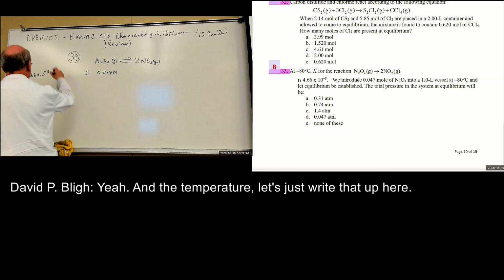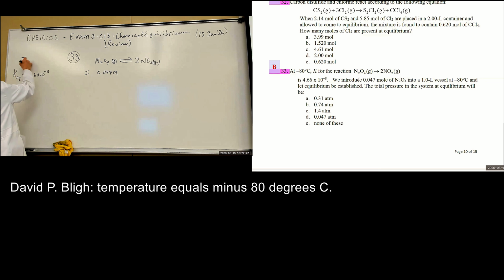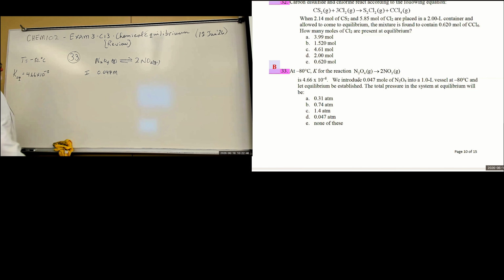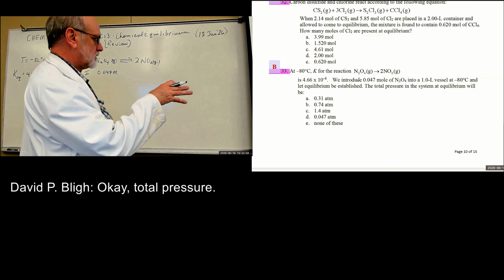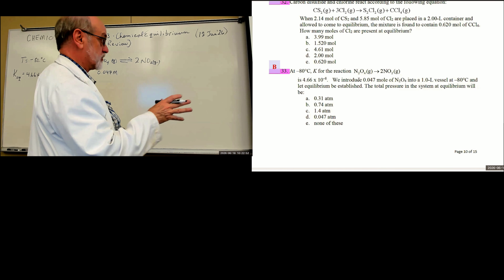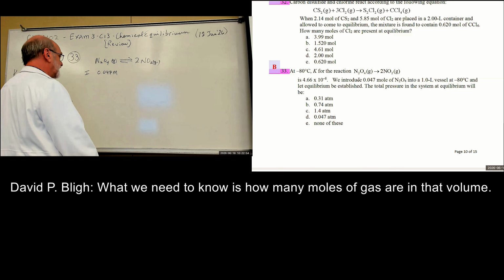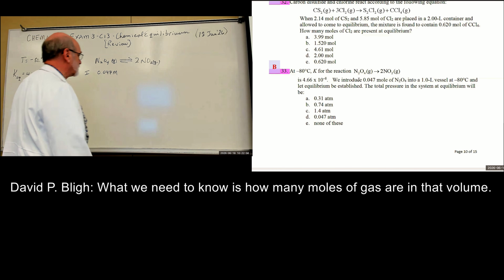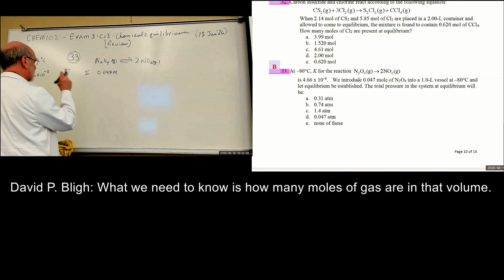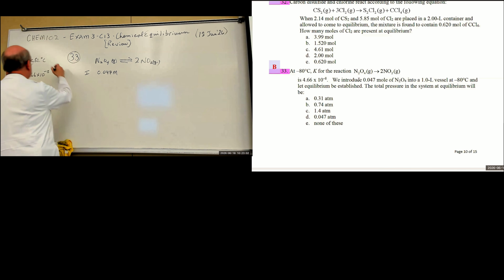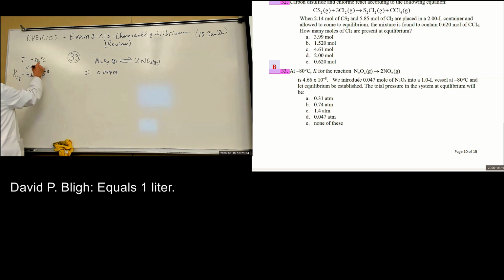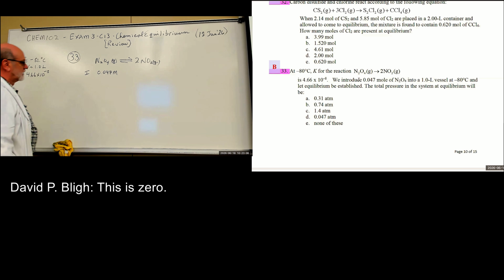And the temperature, let's write that up here: temperature equals minus 80 degrees C. For total pressure, what we need to know is how many moles of gas are in that volume. Volume equals 1 liter.